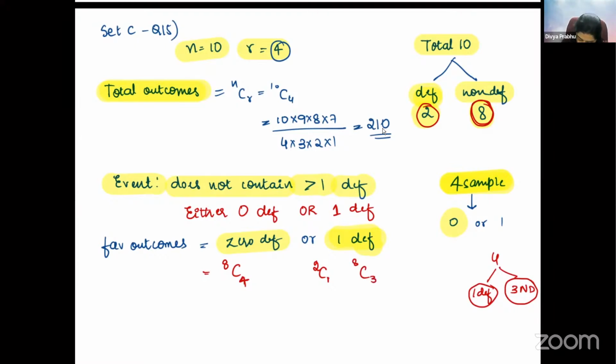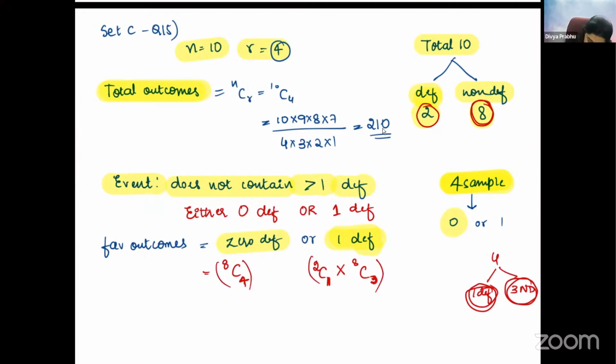I want 1 defective, 3 non-defective. Is it and or is it or? I want 1 and I want 3. So if it is and, we will use multiplication here. Right? So this is sorted.